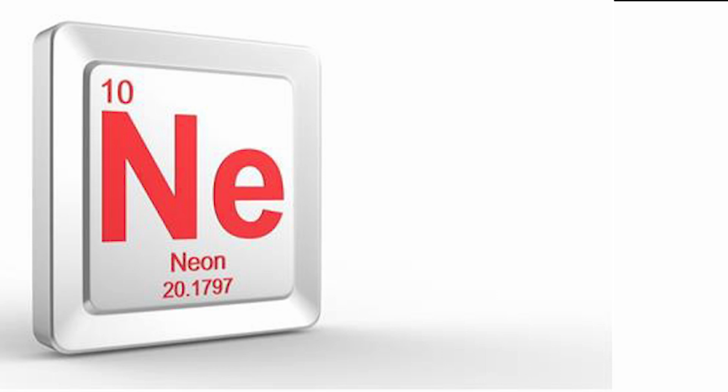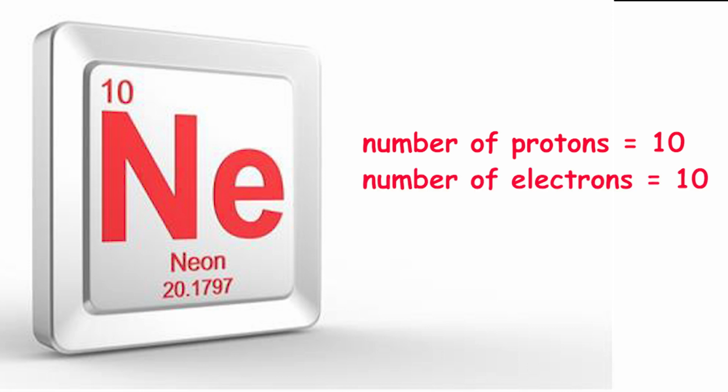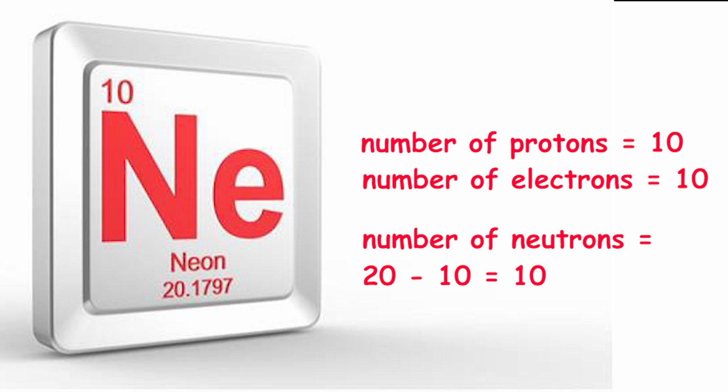As for neon, its atomic number is 10, which reveals that there are 10 protons inside its nucleus. As there are 10 protons inside the nucleus, there are 10 electrons outside the nucleus. Concerning the number of neutrons, it's equal to 20 minus 10, and then there are 10 neutrons inside its nucleus.